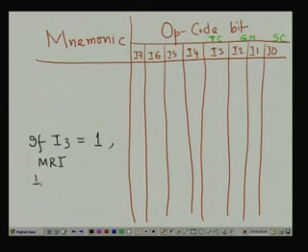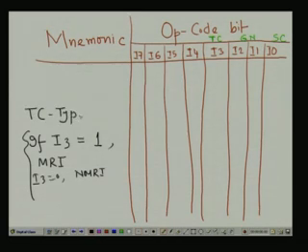Otherwise, that means I3 equal to 0, it is NMRI, and that is defined as the TC, the type classifier.